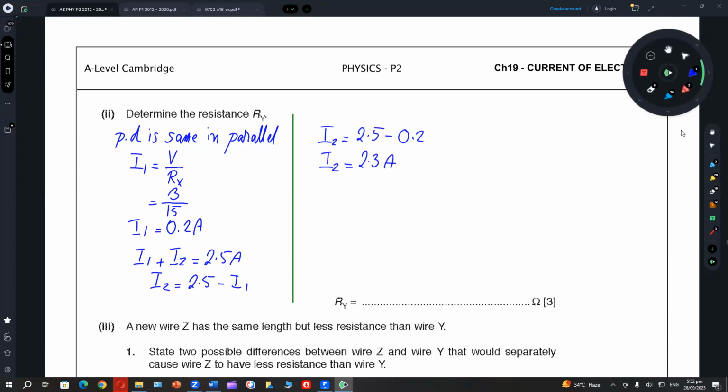After this, we can just use R equals V divided by I. So again, 3 divided by 2.3. Right, V is the same. So we'll get 1.3. It's a very small number.